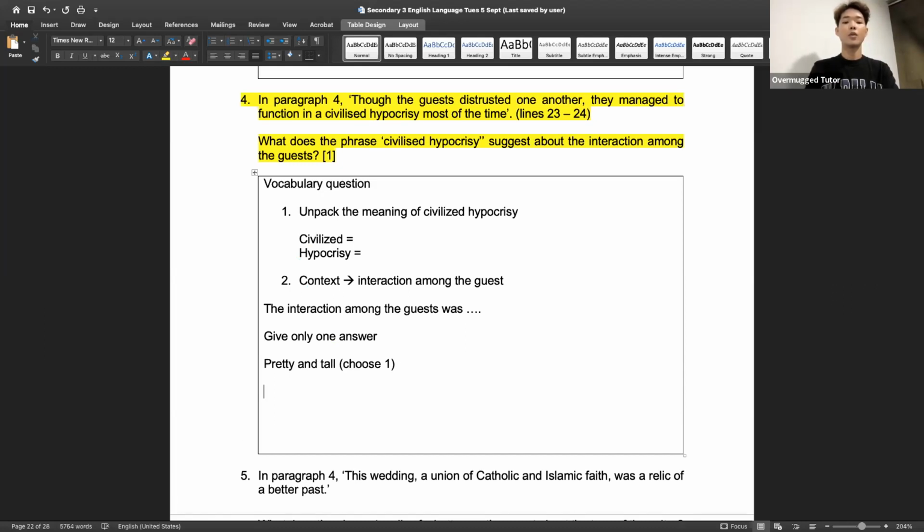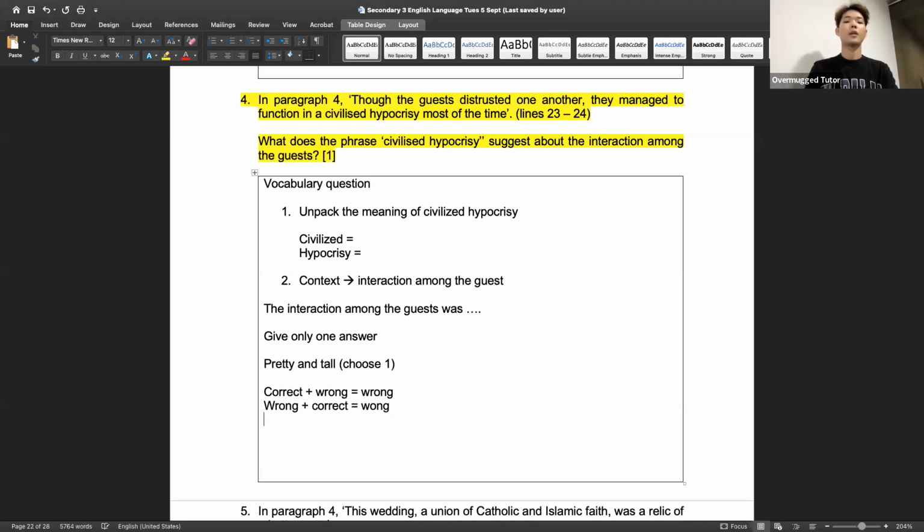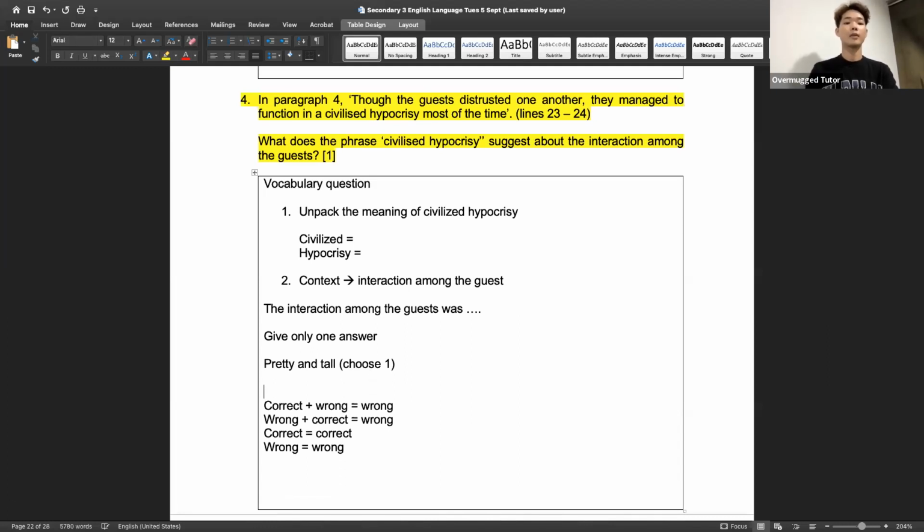Because if you put one correct plus one wrong, your answer will still be wrong. If you put a wrong plus a correct, your answer is also wrong. Only if you put one correct, then you are correct, or one wrong, then it's wrong. Now you will ask me about correct plus correct, yes, you will still get correct. So that is how it is marked. But just remember, give one.